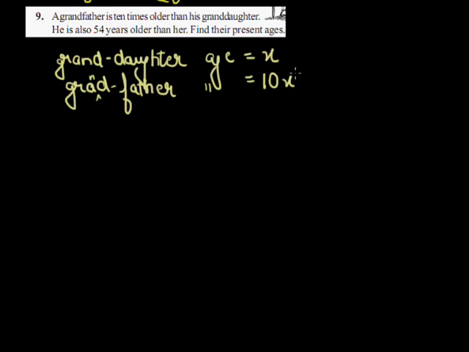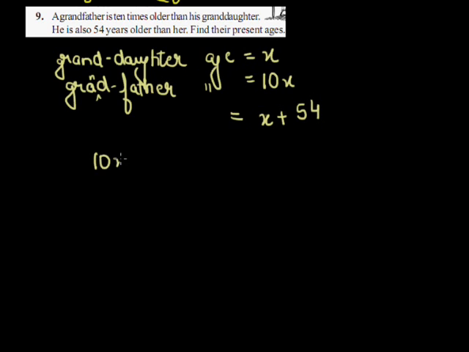Now it is also given that he is 54 years older than her. That means if the granddaughter's age is x, then grandfather is 54 years older than her. So his present age will be equal to x plus 54.